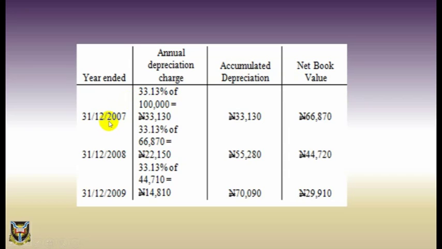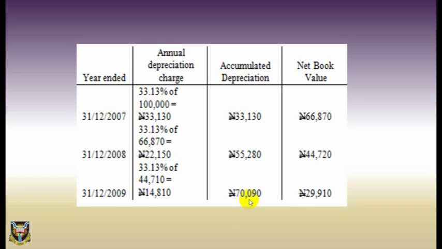Year ended 31st/12/2007. Annual depreciation charge 33.13% of 100,000 is equal to 33,130.